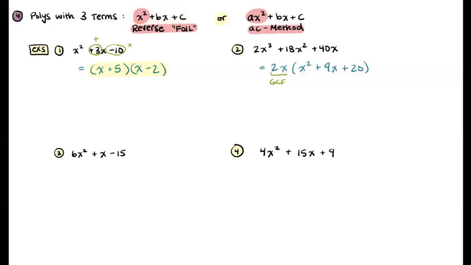We're going to want to try to reverse FOIL that. So we're going to set up our parentheses. We've got x, and we're going to look for 2 numbers that multiply to +20 and add up to +9. And I think those numbers exist, and we've got +5 and +4. Okay, so here we go.